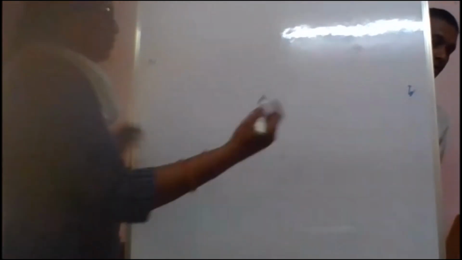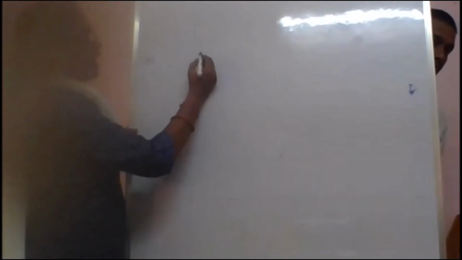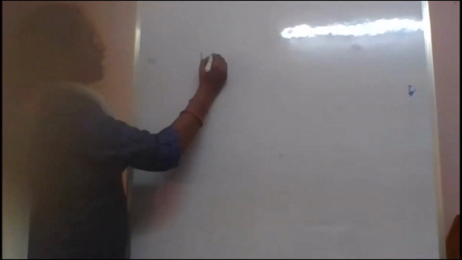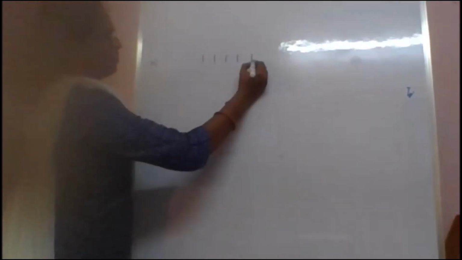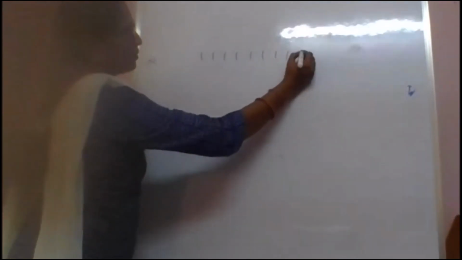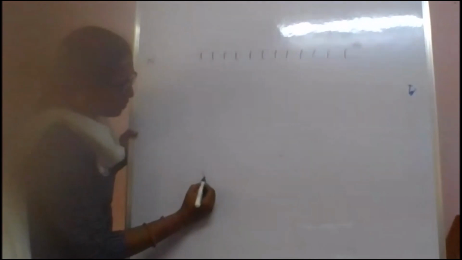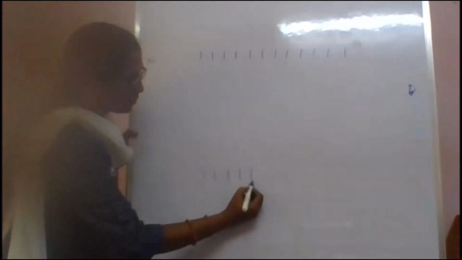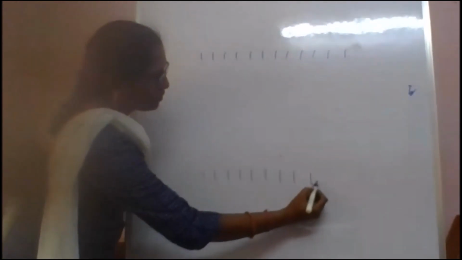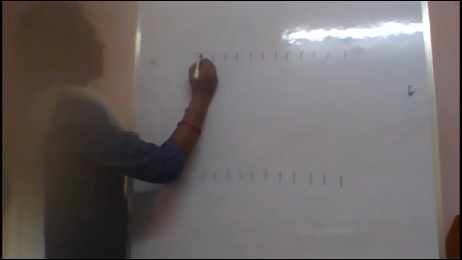Yeah, it's okay now. Okay, so see, upper epidermis, simple, small lines. And the lower epidermis also. Then join them.